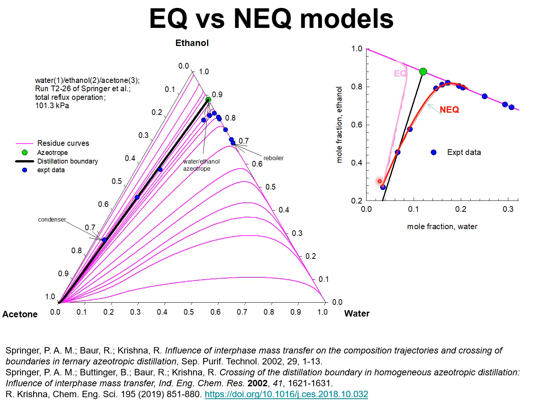The actual experimental data indicated by the blue circles require the use of the Maxwell-Stefan equation for the vapor phase and for the liquid phase, and the resulting model, normally called the non-equilibrium stage model or NEQ model, also referred to as the rate-based approach to distillation design, is able to accurately follow the experimental trajectories.